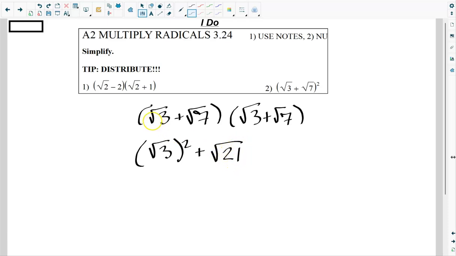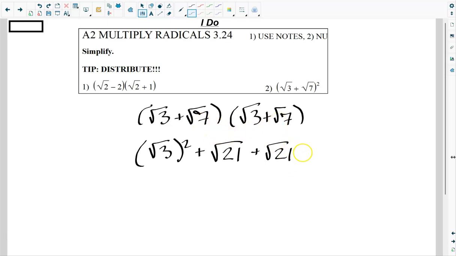Notice what I did there. They both have the same radical index, so I'm able to multiply the quantity inside, 21. Same thing with this one. And pay attention to this one.